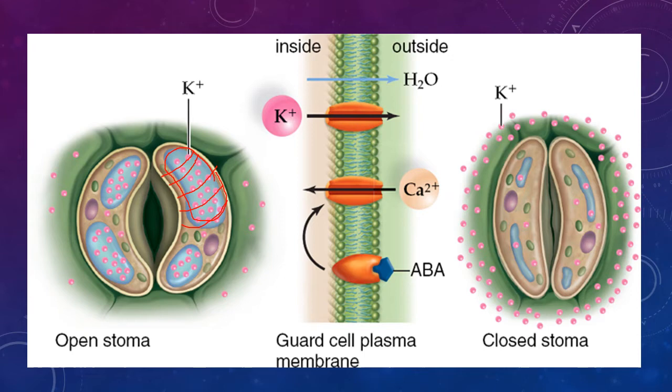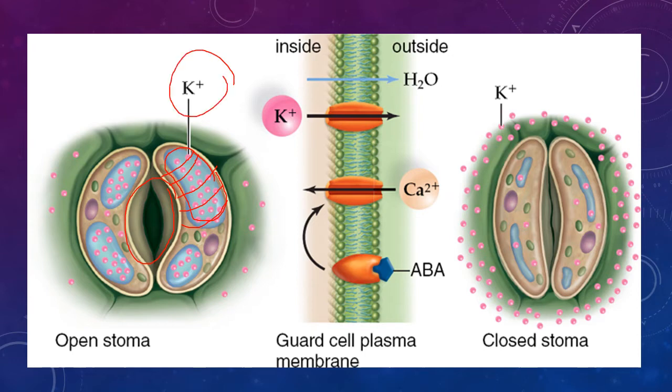So when we need to have carbon dioxide and we need the stomata to be open, there is an influx of potassium ions.